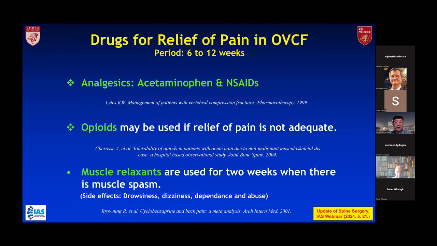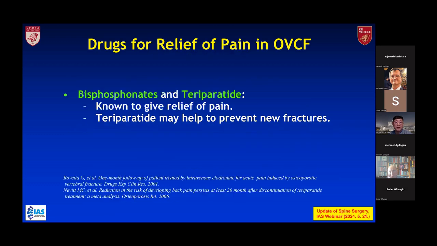But we have to keep in mind that when we're using muscle relaxants, the side effects can be drowsiness, dizziness, and so on. And the osteoporotic medicines such as bisphosphonate and teriparatide are also known to have a pain relief effect.